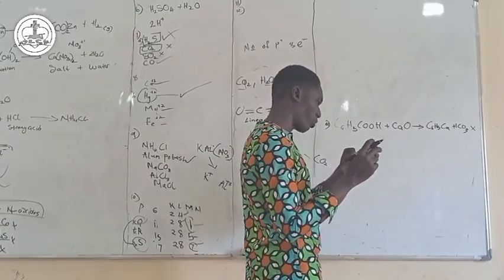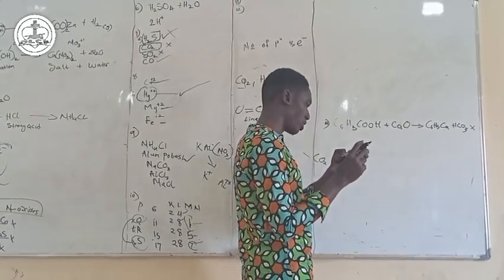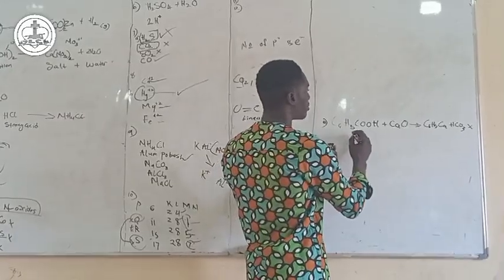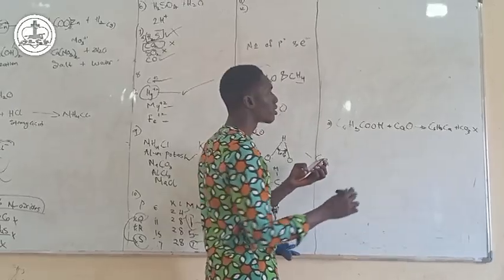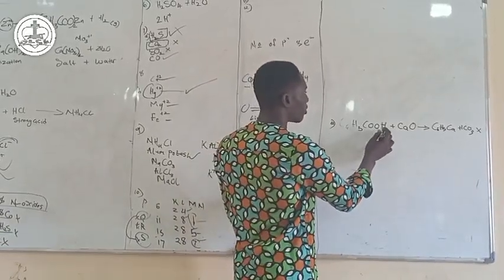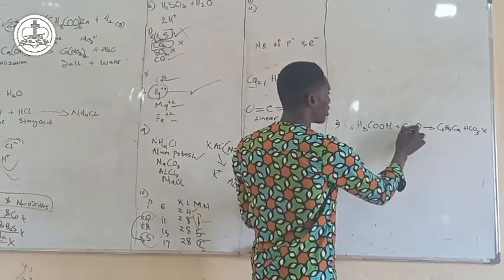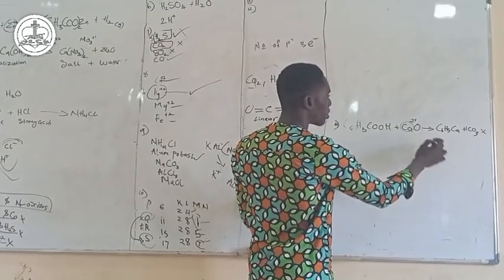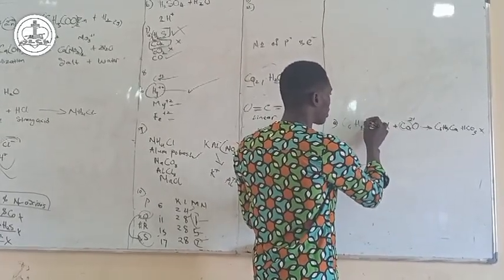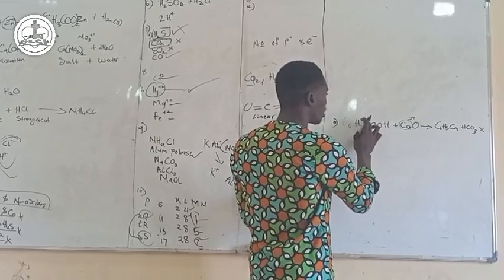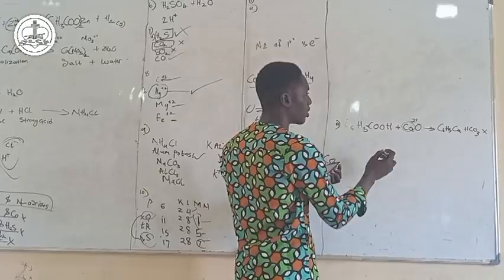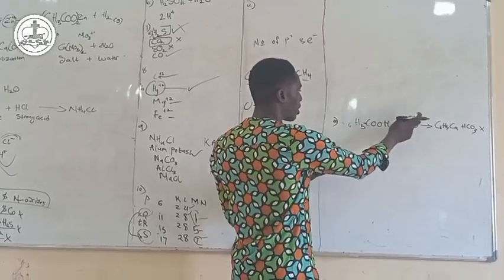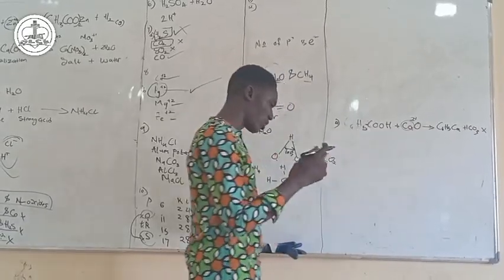This is wrong because it's not balanced. The calcium is 2 plus, but there's only one shared electron here, so it can't go.